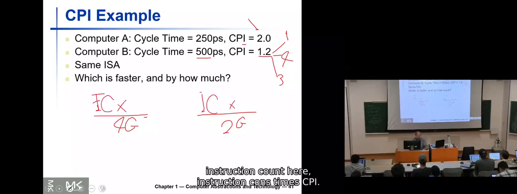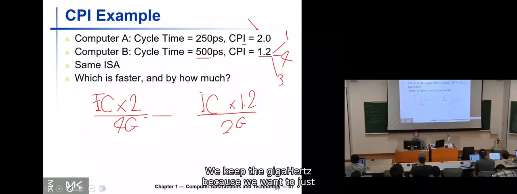So instruction count times CPI. Machine A CPI was 2, machine B CPI was 1.2. Let's calculate. IC times 2 over 4 gigahertz. We keep the gigahertz because we just want to make the relation, to see how much this is more than that one.